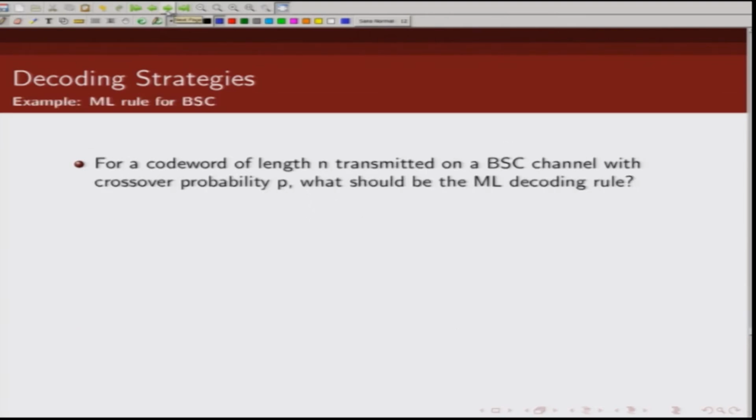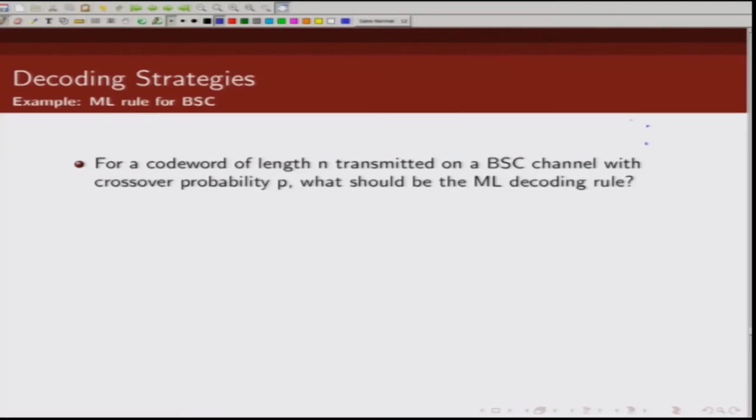Okay. So, let us take an example. We are interested in finding what would be the maximum likelihood decoding rule for a binary symmetric channel. Now, recall what a binary symmetric channel is. There are two inputs, 0 and 1, two outputs 0 and 1, with probability 1 minus p I receive my bits correctly, and there is a crossover probability of p.